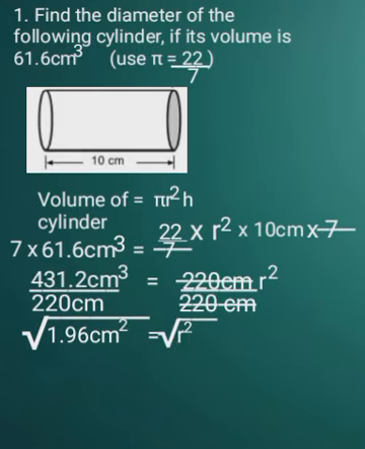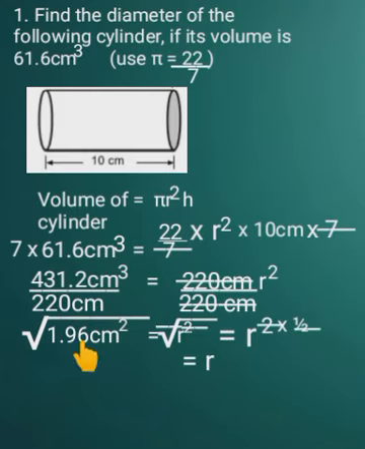Remember, putting under root sign is like putting power half, writing r squared to the power of a half. So the square and the half cancel out, you remain with the r.